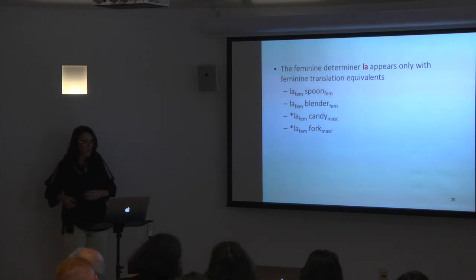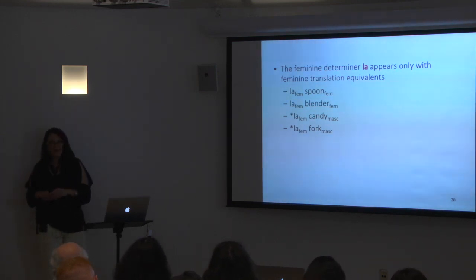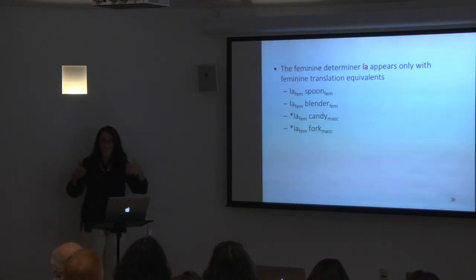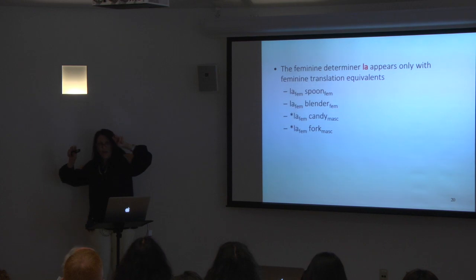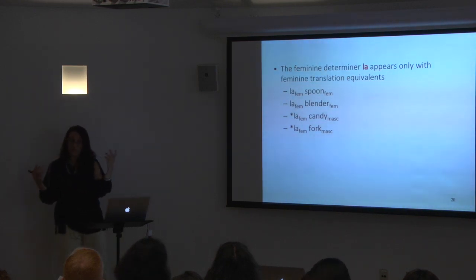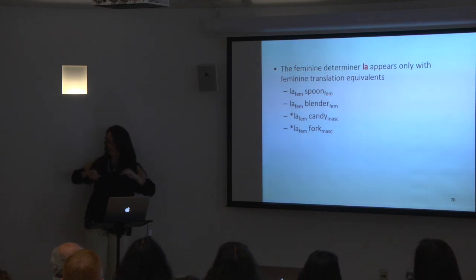So the question that we asked was this. It was a wild question, very wild. We asked, could it be the case that native Spanish speakers who know very well the rules of Spanish, when they're exposed to code switching and to these so-called violations of the rules of Spanish, it affects the way they process Spanish gender?